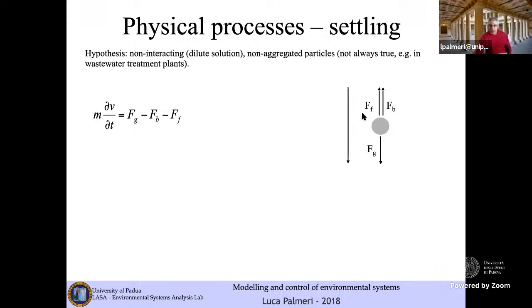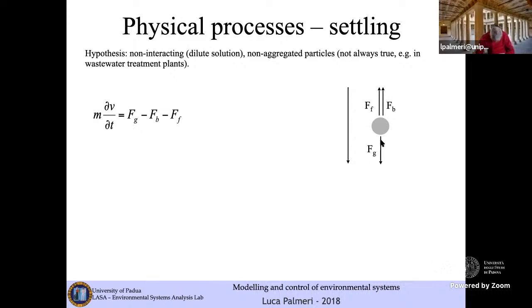Let's now describe the forces that are applied to a particle suspended in a liquid environment. We may identify three forces: a frictional force, a buoyancy force, and a gravitational force.